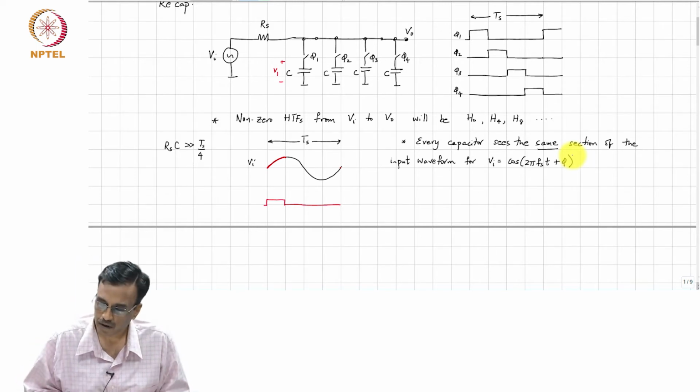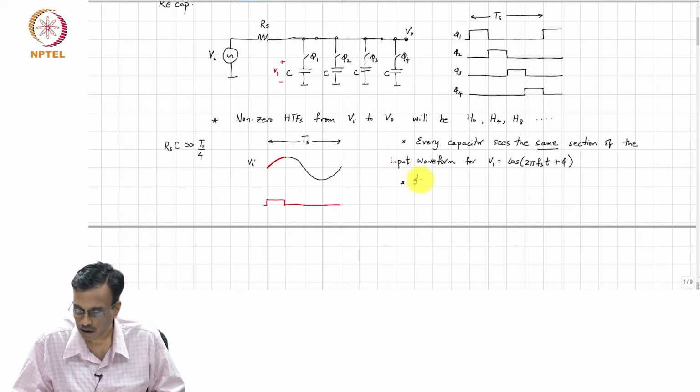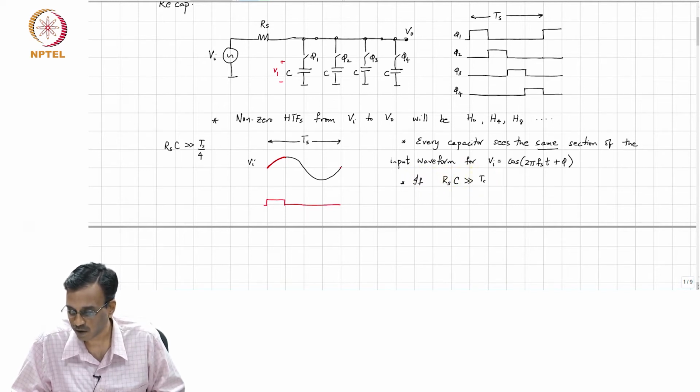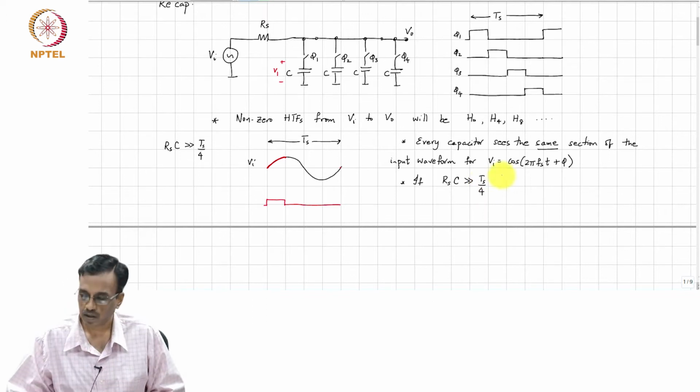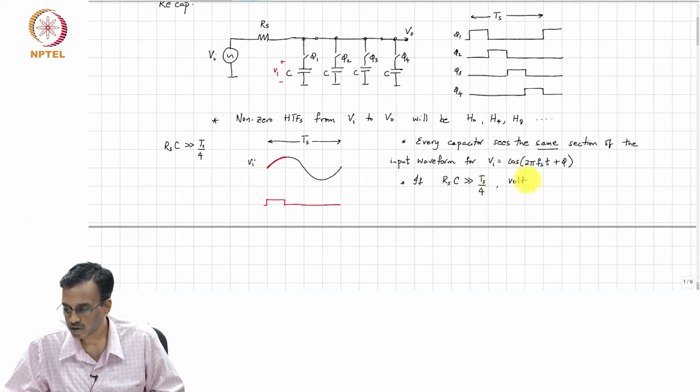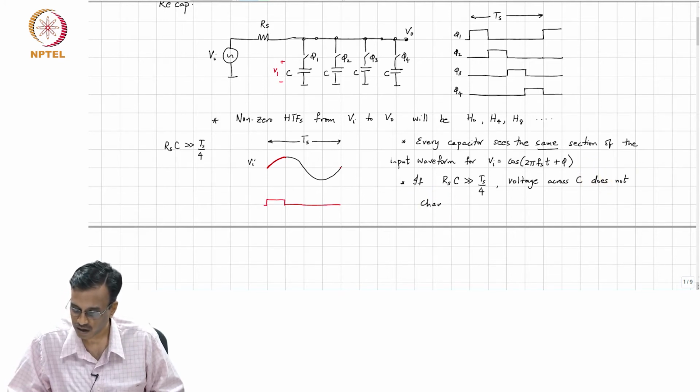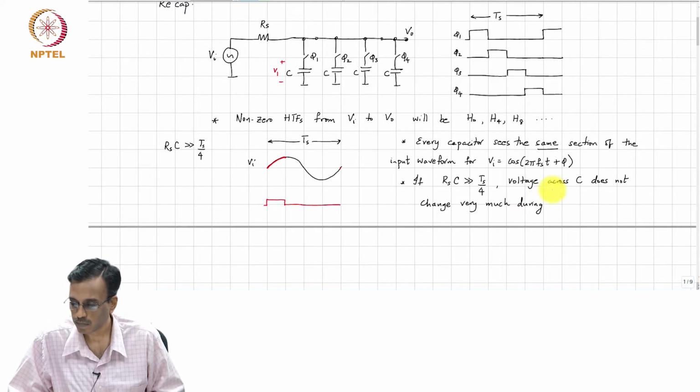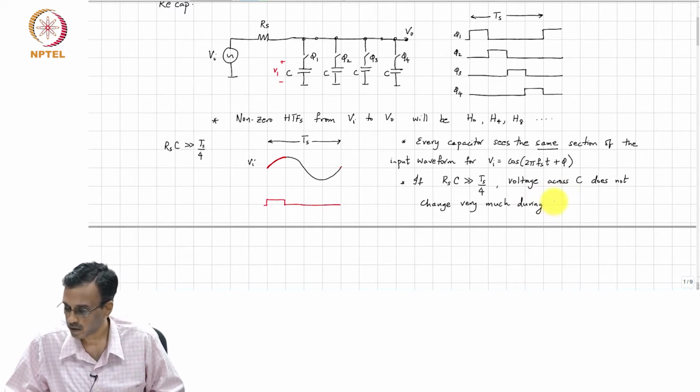And if R_s times C is much greater than T_s by 4, okay, then by definition the voltage across C does not change very much during the on time of the switch.